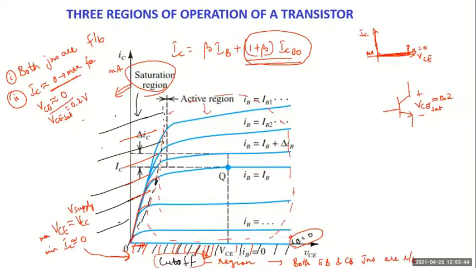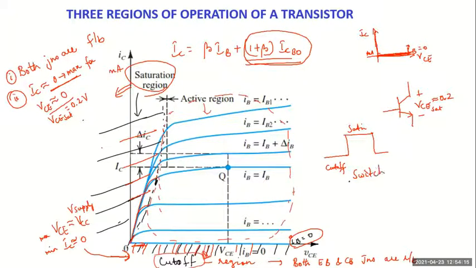So if I want the transistor to work between these two regions, the transistor can be put to cutoff and then to saturation. When I give 0 current, the transistor is in cutoff, then I can push it to saturation. So I can go on shifting this transistor to operate between cutoff and saturation.